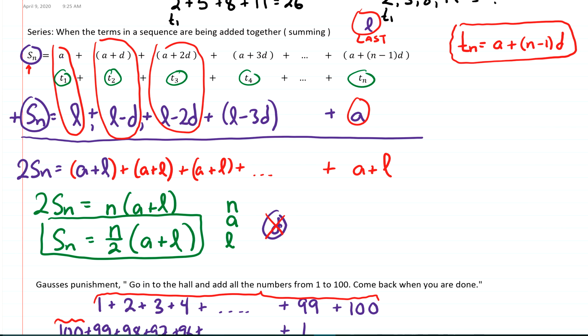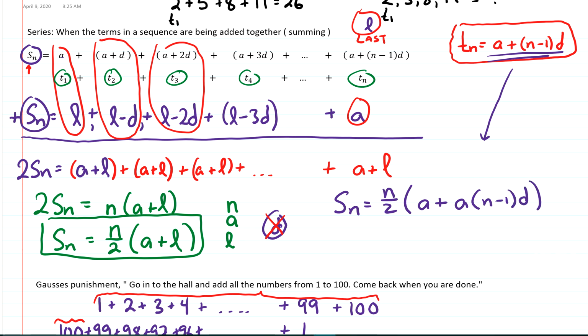If we sort of unscramble the L part, though, we get n over 2 multiplied by A plus L. And don't forget, this actually is L here. So this would be A plus n minus 1 times D. So Sn would equal n over 2 multiplied by 2 A's plus, oopsie, I wrote that wrong actually.